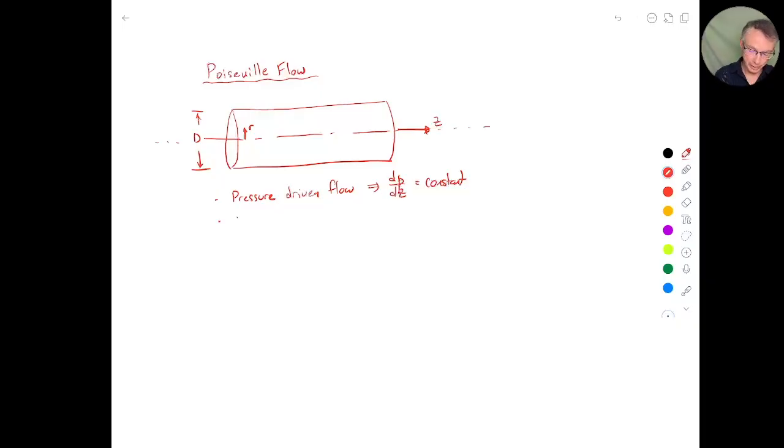We'll ignore gravity. You can actually incorporate gravity into the analysis, but for simplicity here, we'll go ahead and just ignore it. We're going to say the flow is fully developed in the z direction.